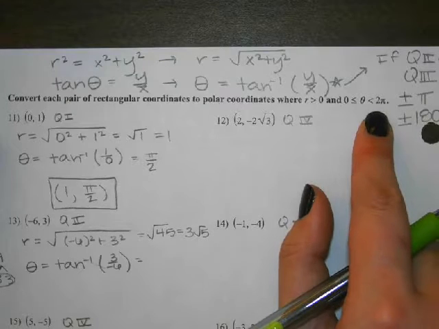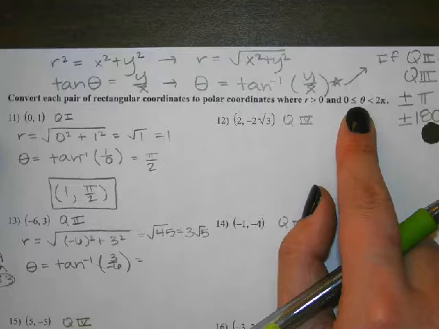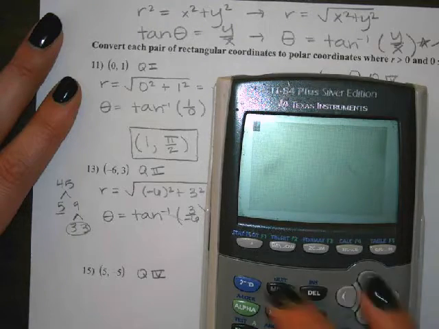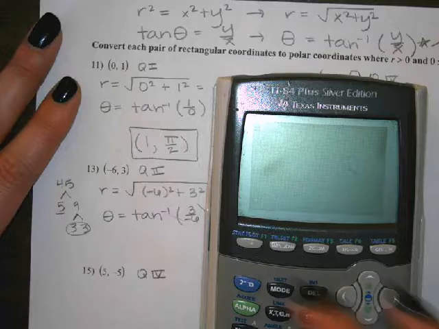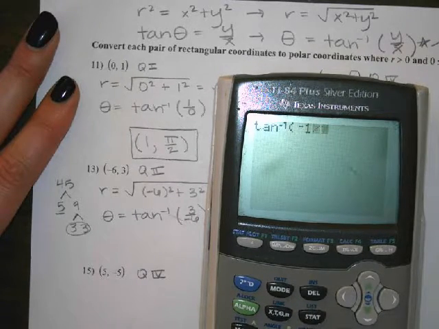Okay? Now, in the instructions, they tell us that they want our angle between 0 and 2 pi. So, should our calculator be in degrees? No, it should be in radians. So, I'm going to switch my calculator into radians. And I'm going to do tan inverse of negative 1/2.